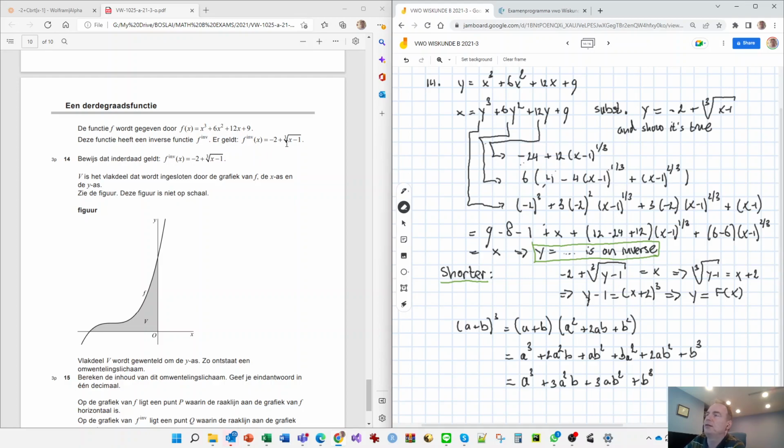So basically I start with the inverse, and then take the inverse of the inverse, which is the original function. And well, so I get this, and just bringing the minus 2 to the right, I can just take the cube on both sides, and then I get y minus 1 is equal to x plus 2 to the power 3. And if you do that, you find the function f of x.